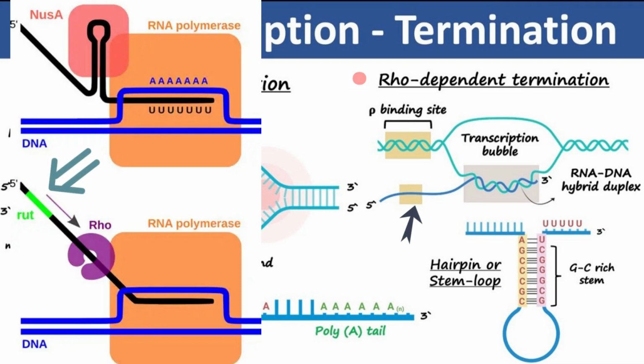Let's have this example to say we have a person A and person B. Person A starts from the starting point in a race. They are racing. Then person B starts to follow or chase person A. This person B is the Rho protein.